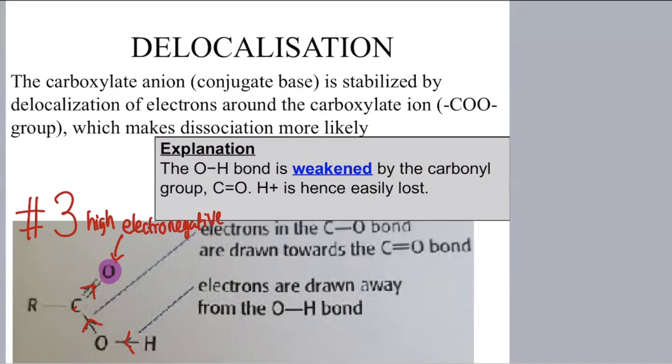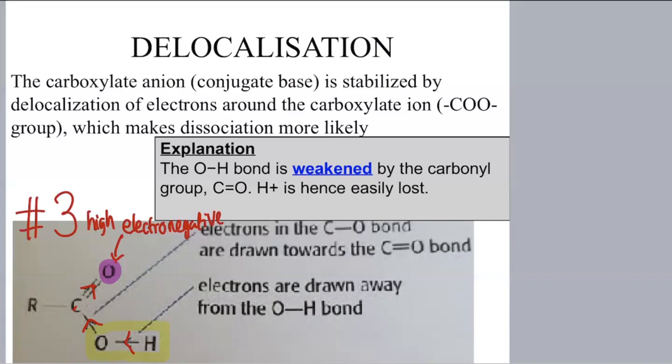Now the one that I'm interested in is the OH bond, because that's where the bond is broken to release H plus. Because I am taking away electrons from the OH bond, this OH bond becomes weaker.